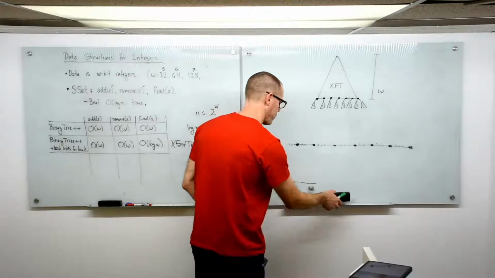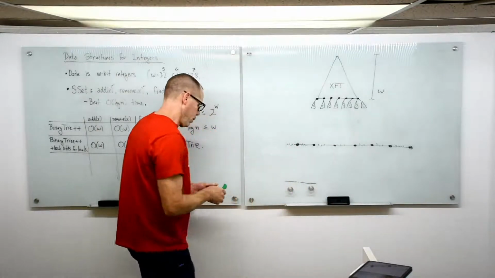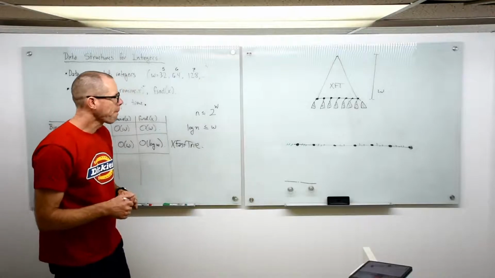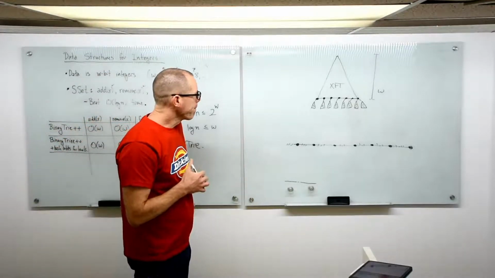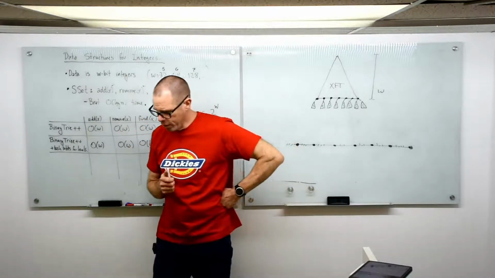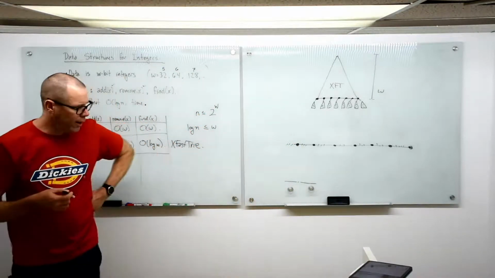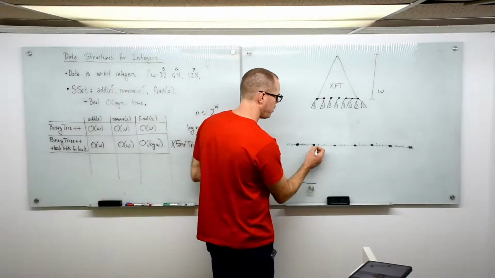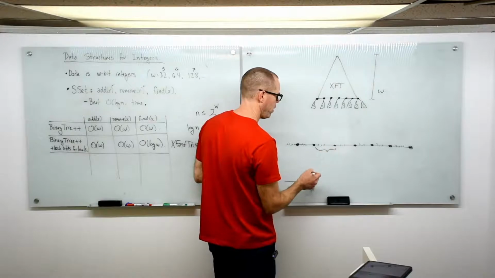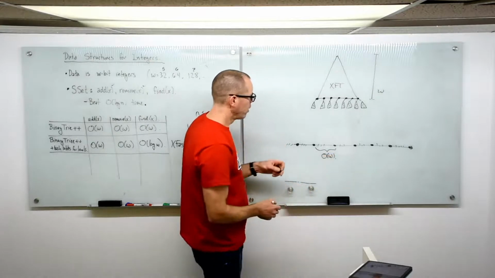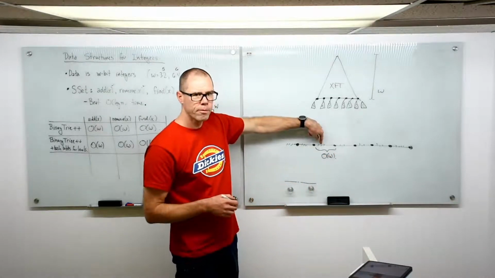All right. And how much other stuff? Well, I will set it up so that between 2 values here, there should only be O of W things.